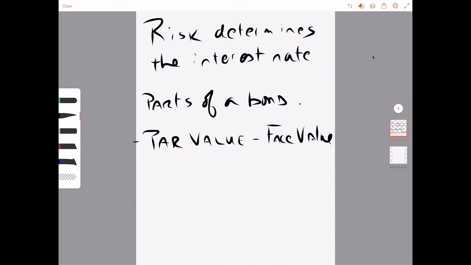That's one of the things that's on a bond, the par value. How much is going to be repaid to the holder of the bond when the bond matures? Now, that's the other thing about a bond. The second part of the bond is what we call the maturity date.